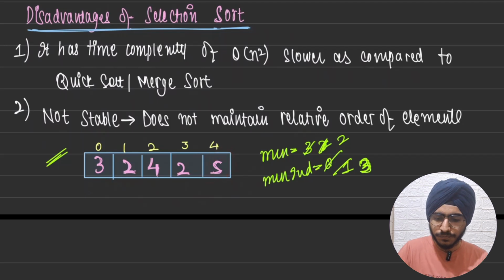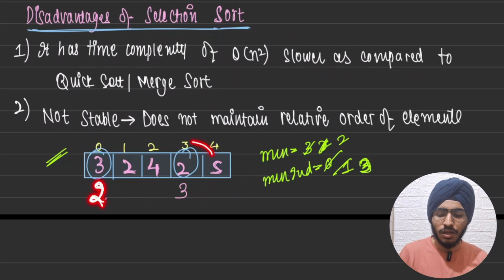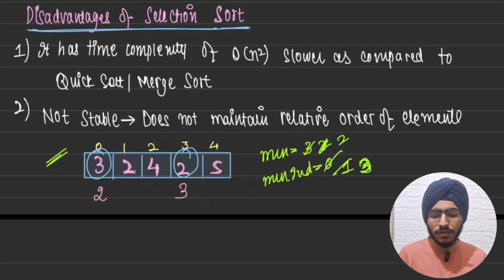Now what we will do, we have seen we are at this index and we are at this index, so we will swap these two. So this will become 2 and this will become 3. You have observed something: 2 has come at the first position. Now the remaining positions also have a 2. So what you have observed is that this was the first 2 and this was the second 2.